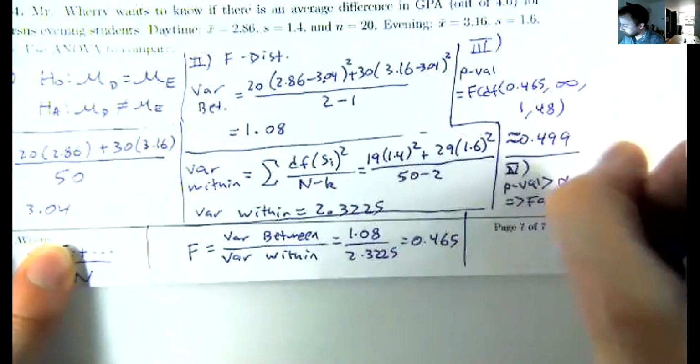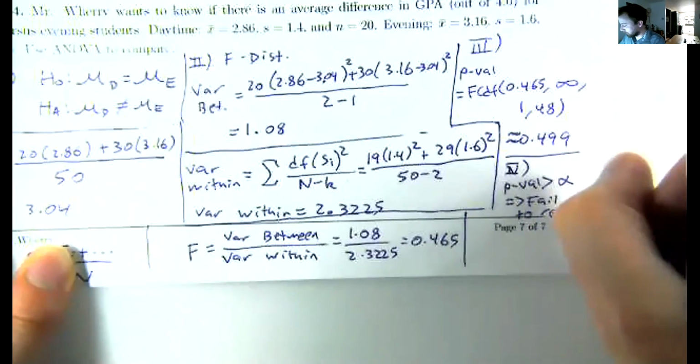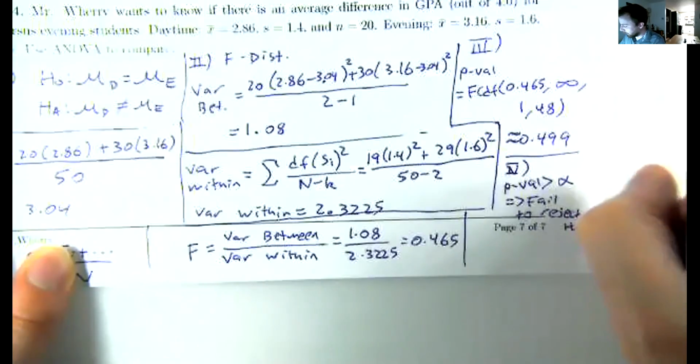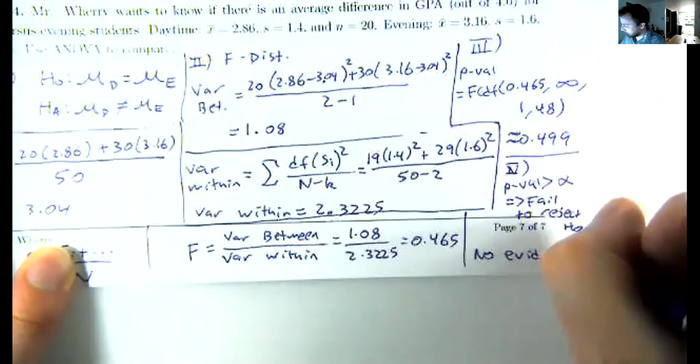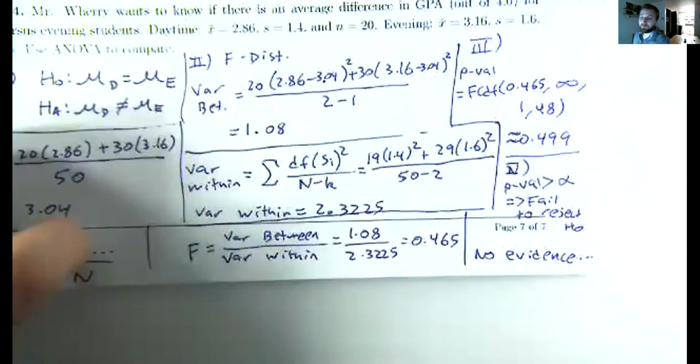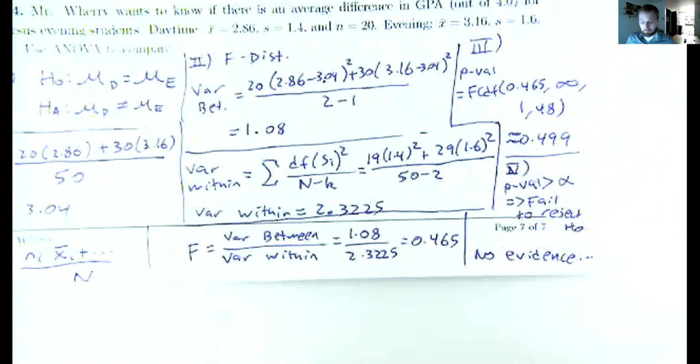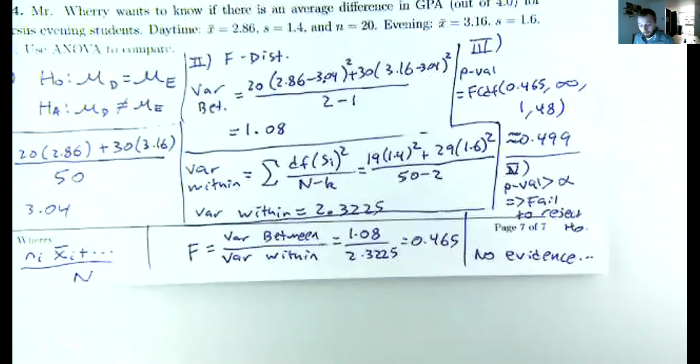I fail to reject the null hypothesis. No evidence of a difference between the groups. So I do not have evidence that there's a difference in GPA between the daytime and evening students.